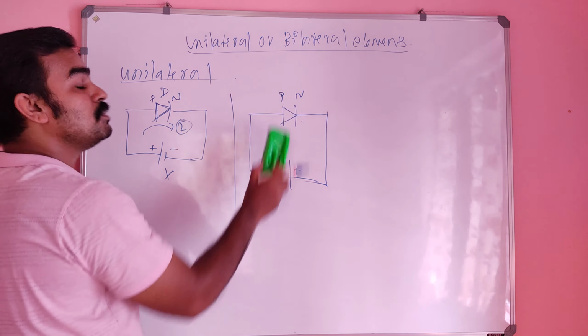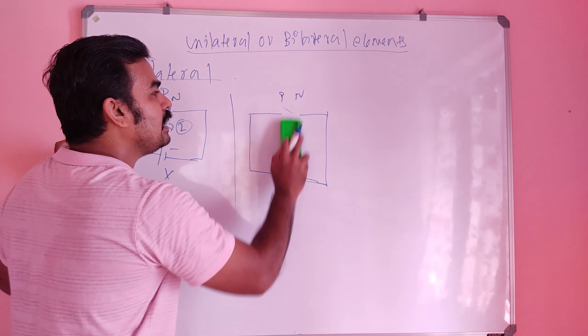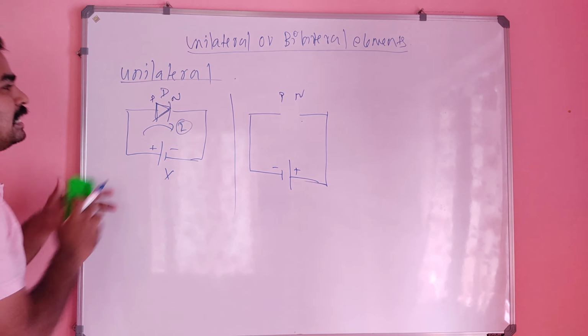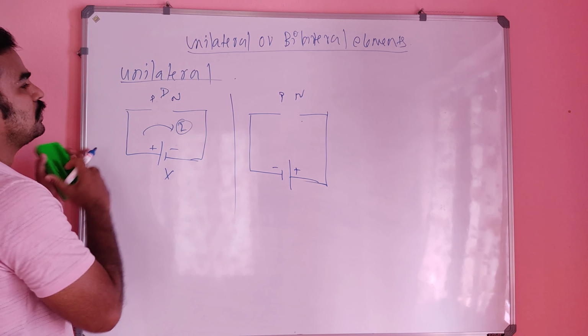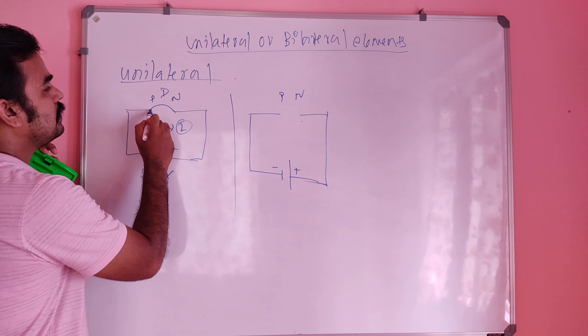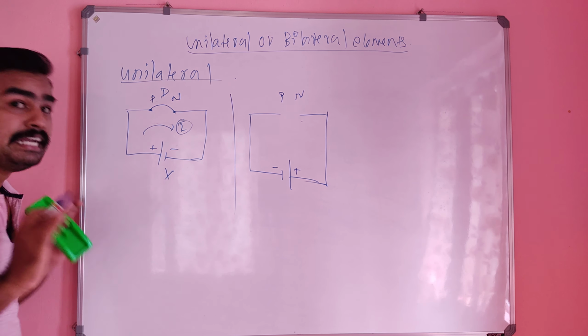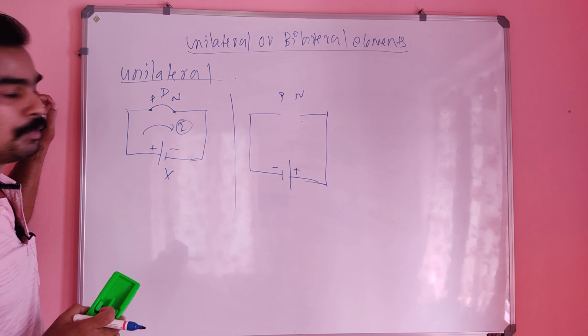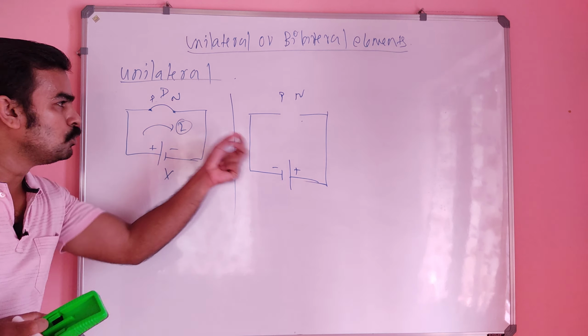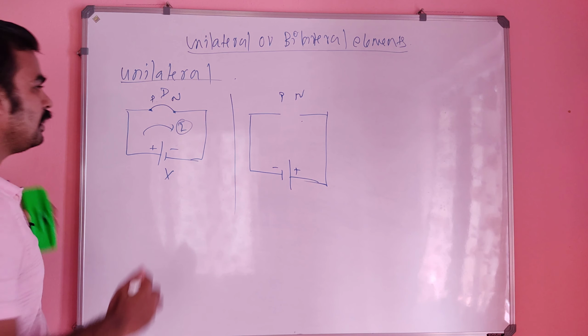It means the diode is not at all conducting. It is like an open circuit, and the forward case is like a short circuit. I am assuming it is an ideal diode. So in these two cases, what is happening here?